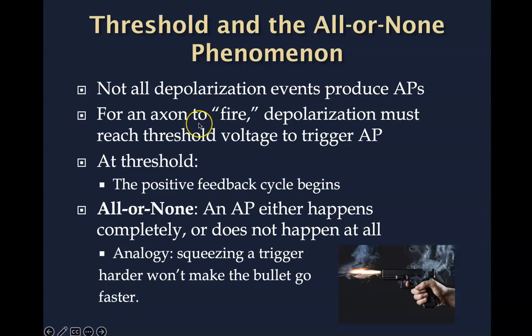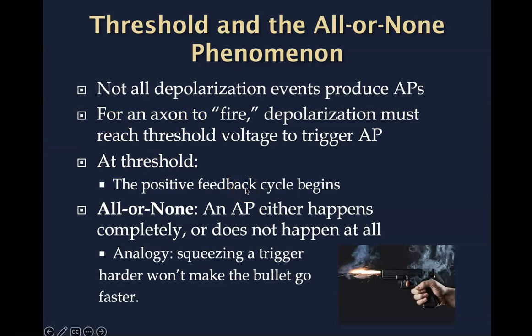So for the axon to fire and an action potential to go all the way down that axon, depolarization has to hit that threshold of around negative 55 millivolts to trigger an action potential. And once that happens, remember it's a positive feedback cycle.